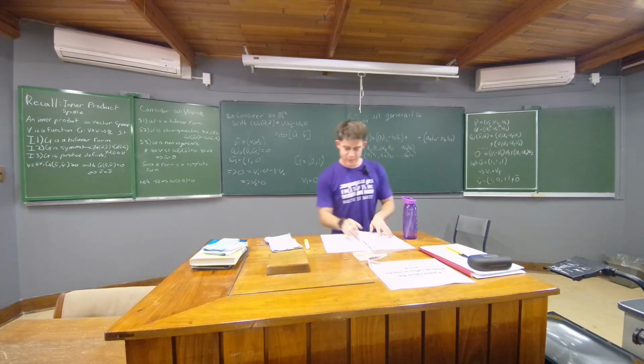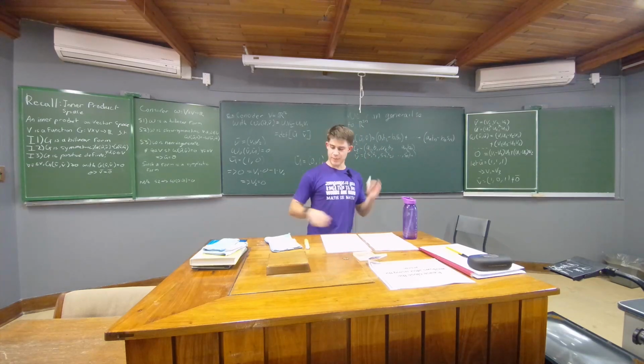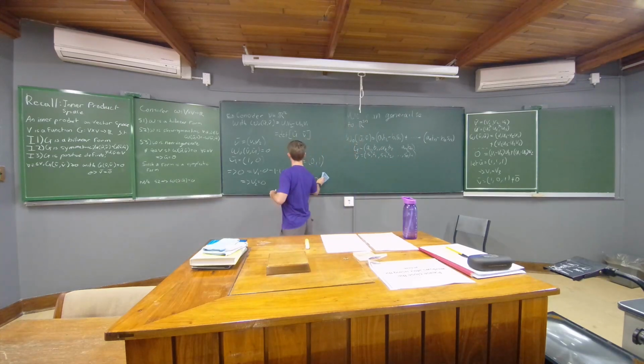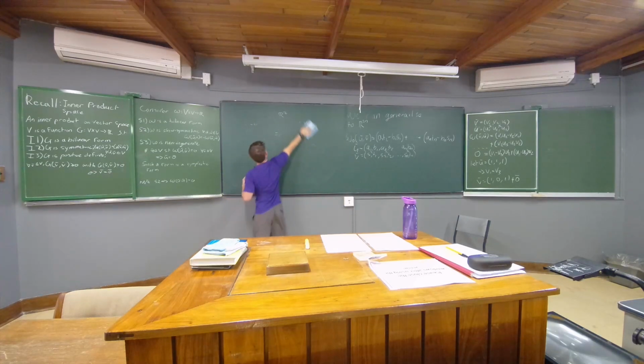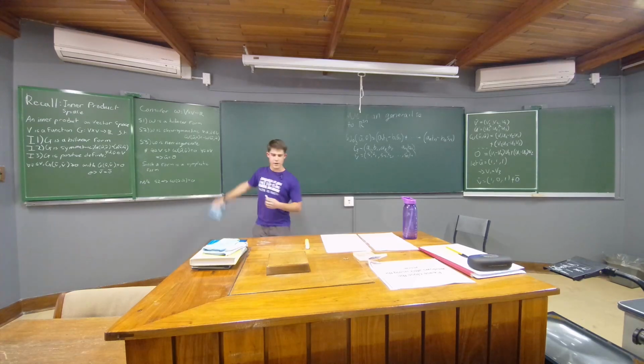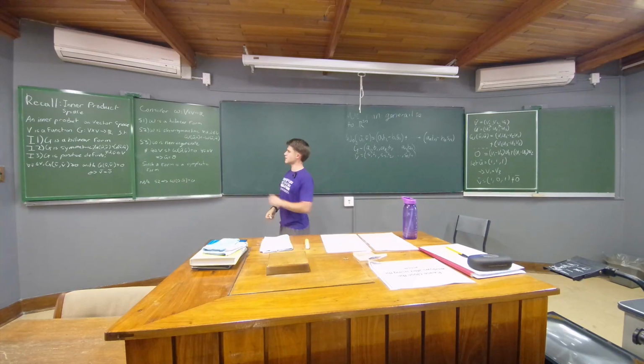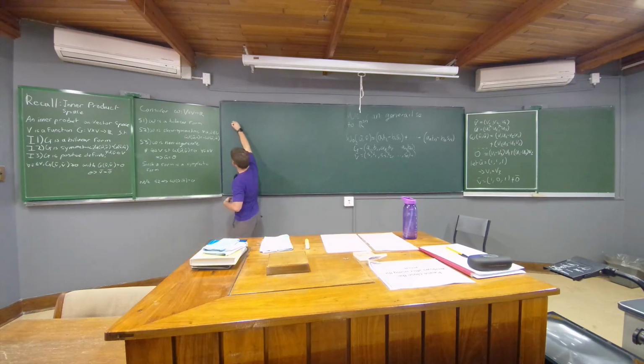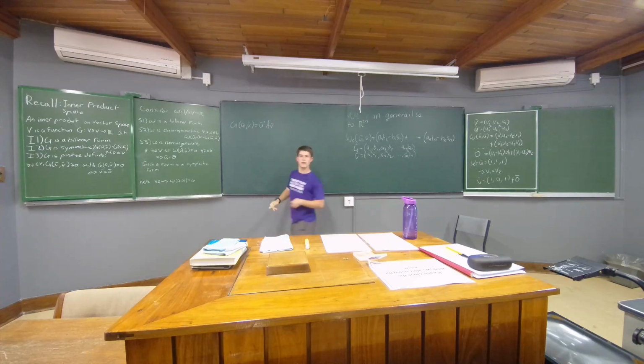We'll get to the basis now, but I first want to recall something that we have for inner product spaces, specifically that where G is an inner product, we can write this inner product in its matrix form, where we take a conjugate, I think the correct term is conjugate, with a matrix.